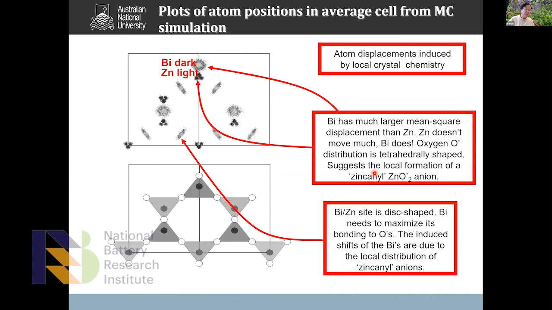If we pack them all together, you can see the average position is always in the middle, but in real atoms, each of them is different. So that's a very nice picture telling you the local structure for individual atoms, and their locations are not the same as your average structure from XRD.